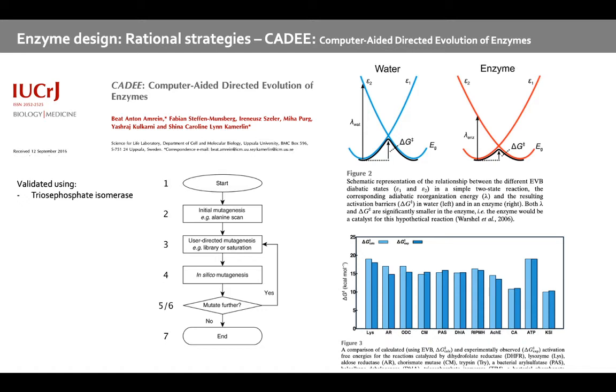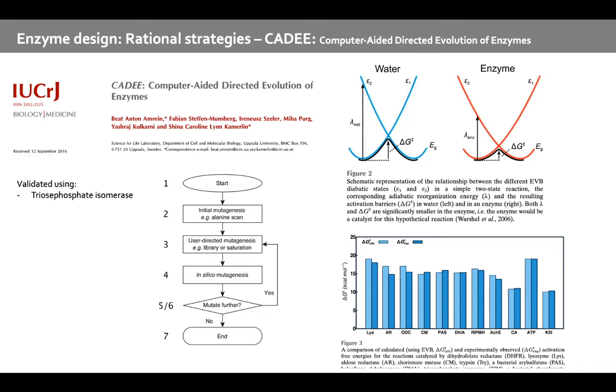So they propose this protocol shown in this figure on the left, where they do some initial alanine scan mutagenesis, then they do this user-directed mutagenesis.